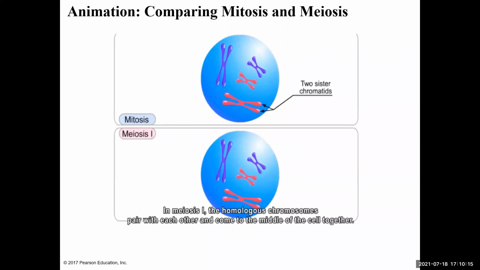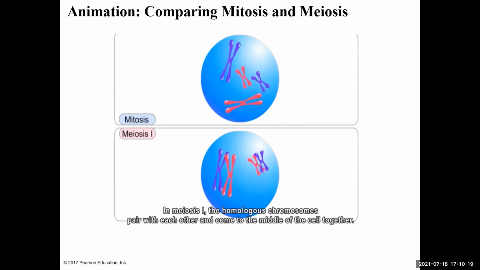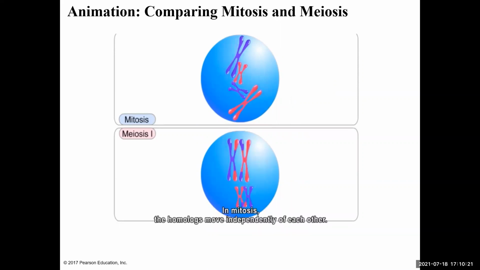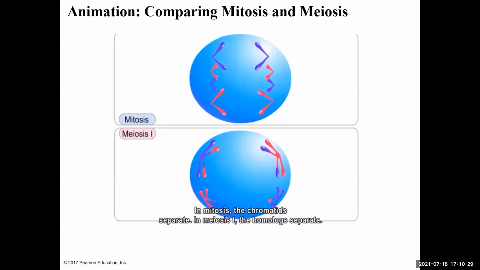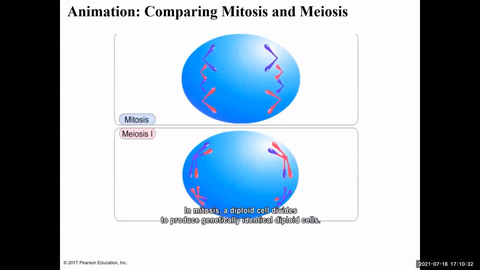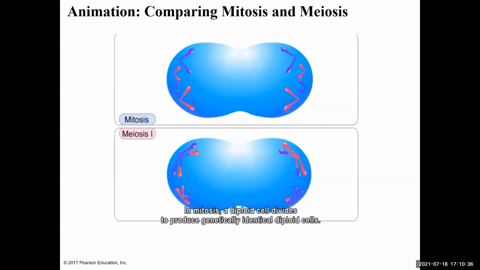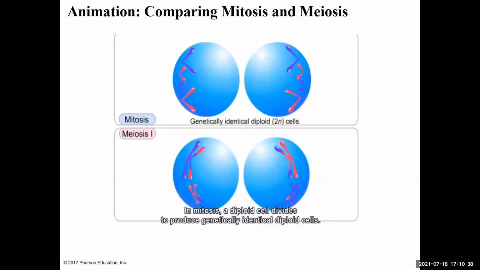In meiosis 1, the homologous chromosomes pair with each other and come to the middle of the cell together. In mitosis, the homologs move independently of each other. In mitosis, the chromatids separate. In meiosis 1, the homologs separate. In mitosis, a diploid cell divides to produce genetically identical diploid cells.